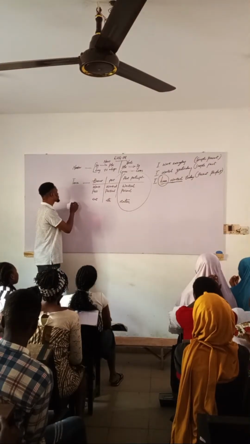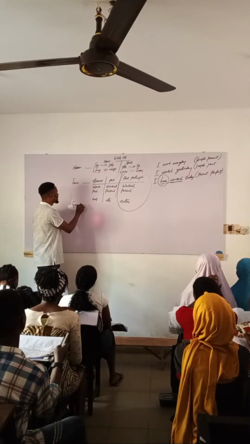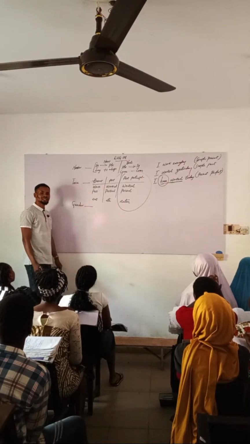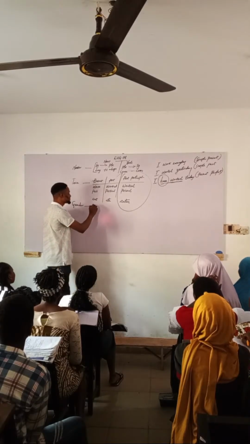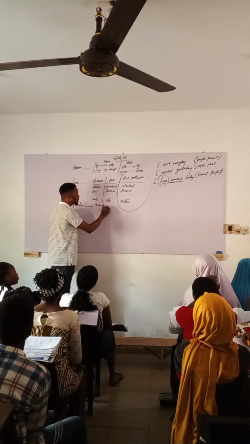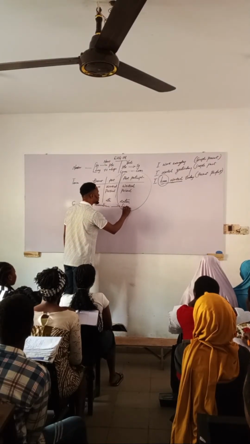I also explained that inflectional bound morpheme also manifests in gender, that it can take a masculine noun into becoming a feminine noun.